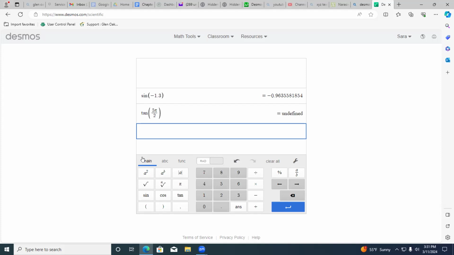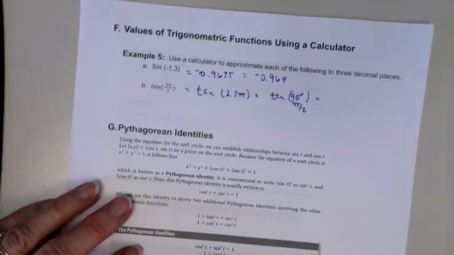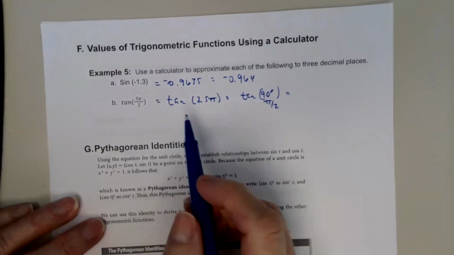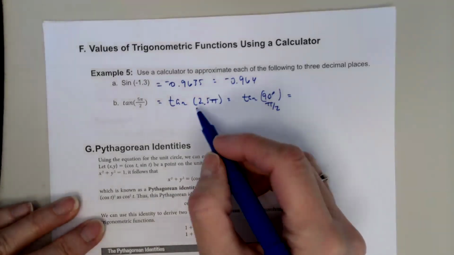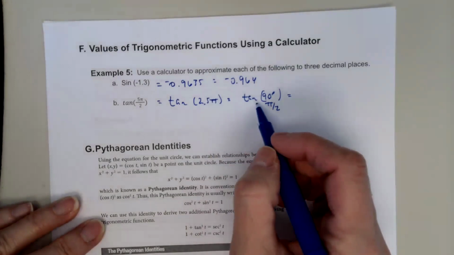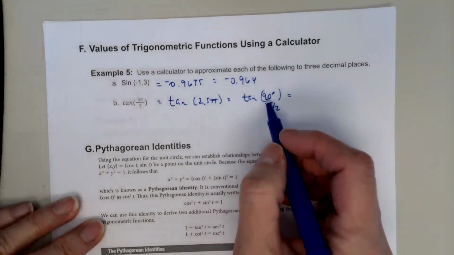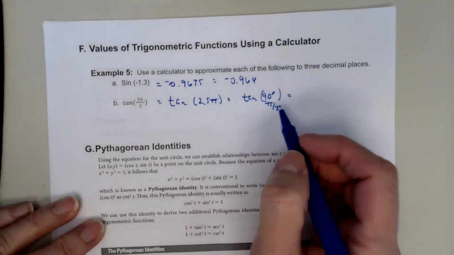And here, I'm going to show you my paper now. So tangent at 2.5 pi is 1 full circle and a half, and the half of a pi would be at 90 degrees or pi over 2.